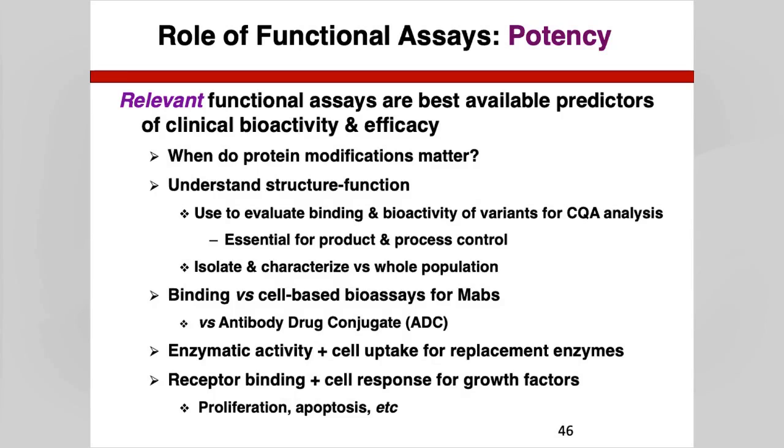When we're looking at enzymatic activity, we have to look both at the activity of the protein and those elements that are responsible for uptake of the protein, for example, for a replacement enzyme like we talked about with Myozyme. And for growth factors, we look at receptor binding and also the cellular response to that binding, whether it's some signaling event, proliferation, apoptosis, whatever the functional outcome is from that binding.